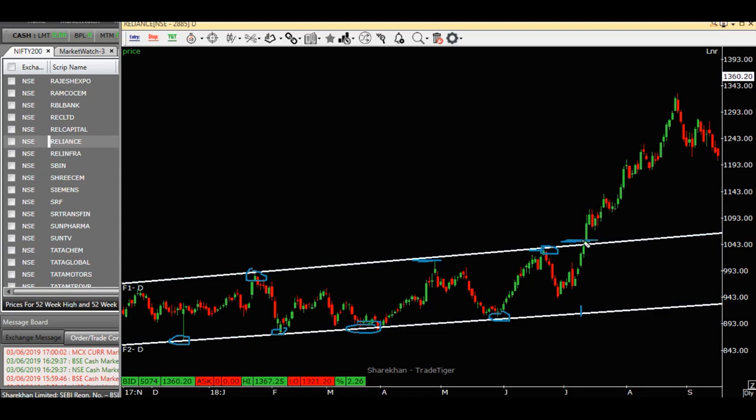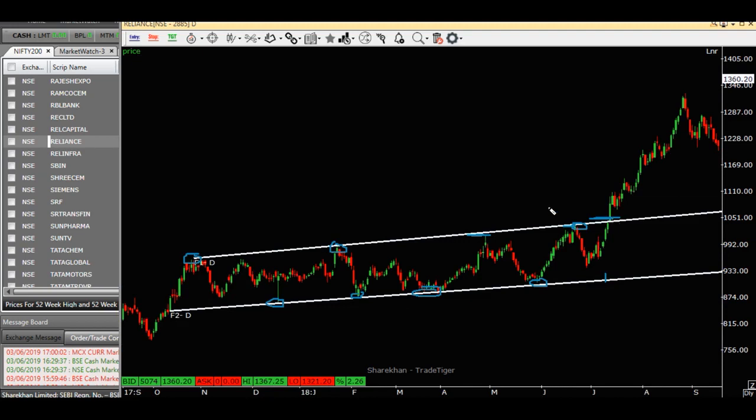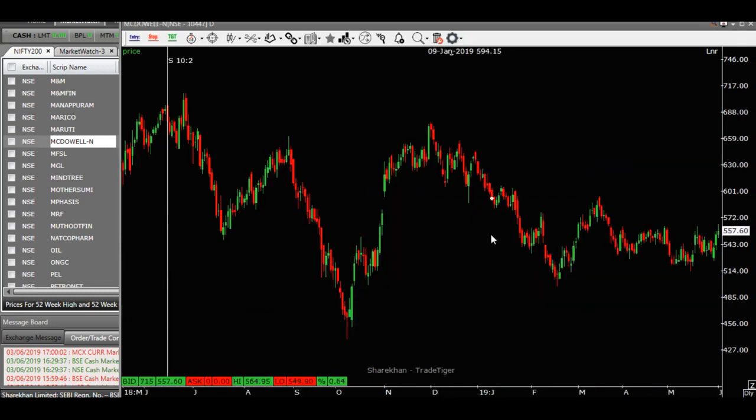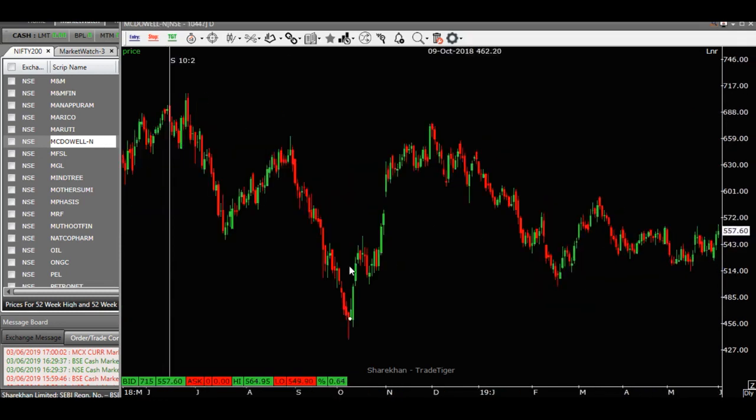And now as it breaks out, we can enter the channel as a breakout trade as well, and keep a target equidistant to the width of the channel, right? And my target would hit somewhere up here. So I hope this is starting to make some sense now, right? How we can trade the internal channel and we can trade the breakout.